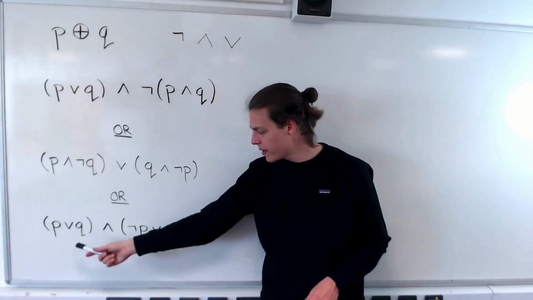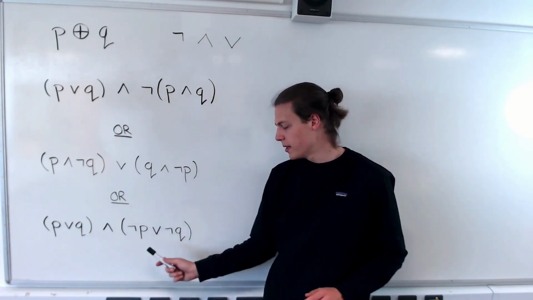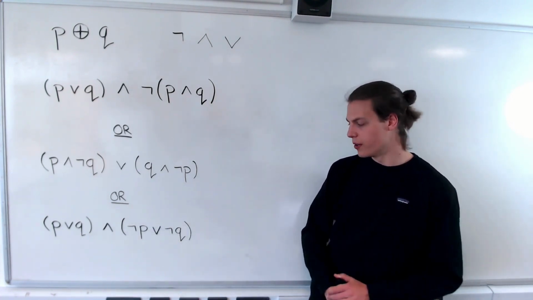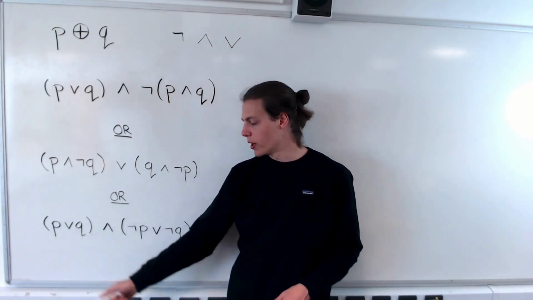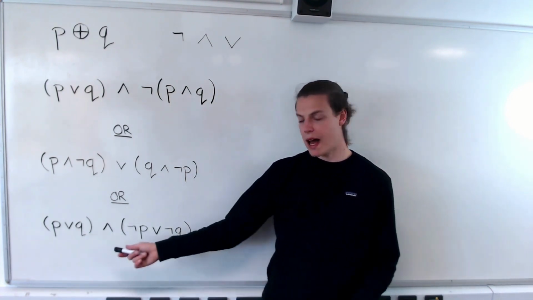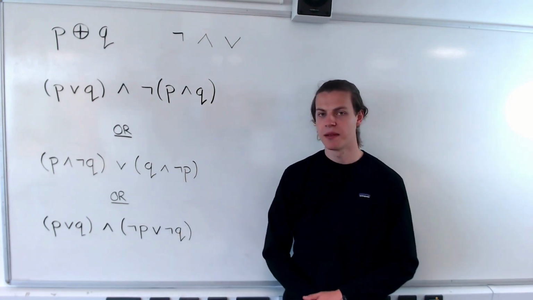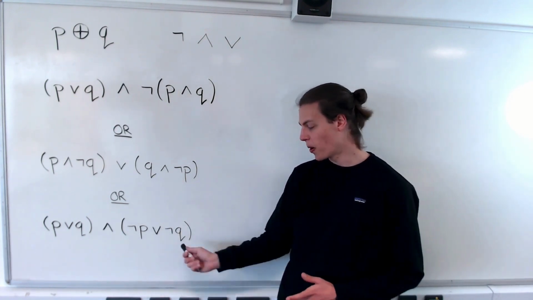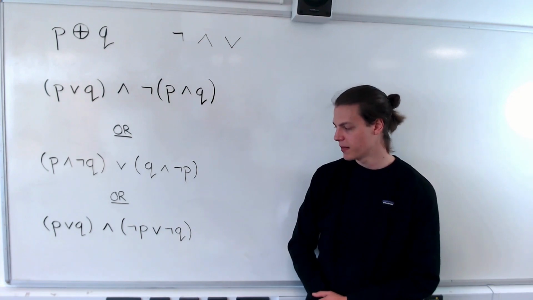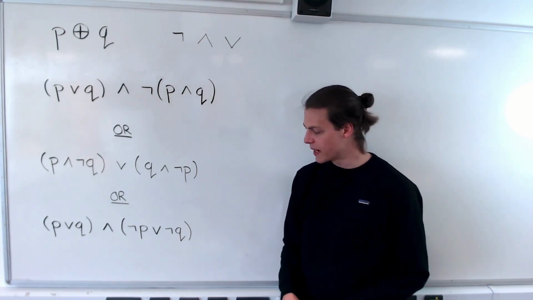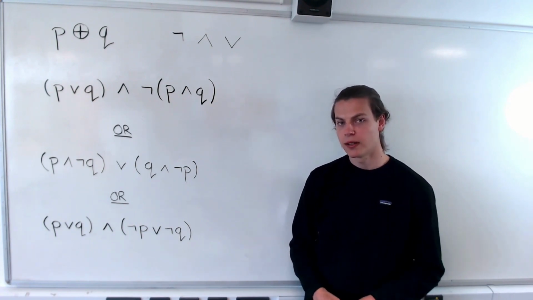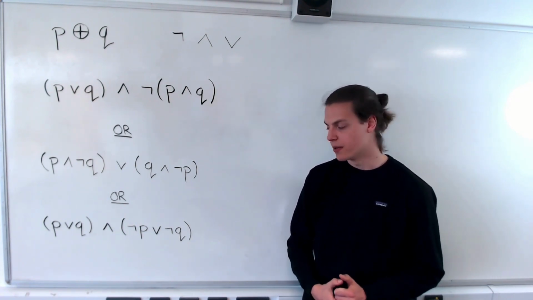Now this says P or Q and not P or not Q. So either P is true or Q is true, and either P is false or Q is false. And again, you should be able to see that this is equivalent to saying that exactly one of P and Q is true.